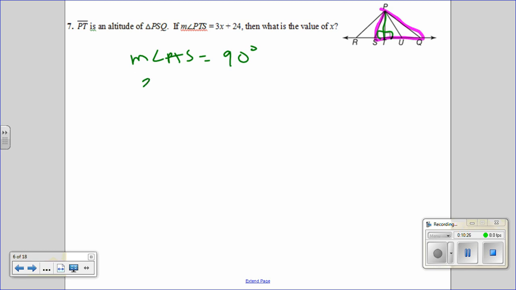So that means 3x plus 24 is equal to 90, and we can solve for x this way. First, subtract 24, so that would be 3x is equal to 66, and then divide by 3, so x is equal to 22.